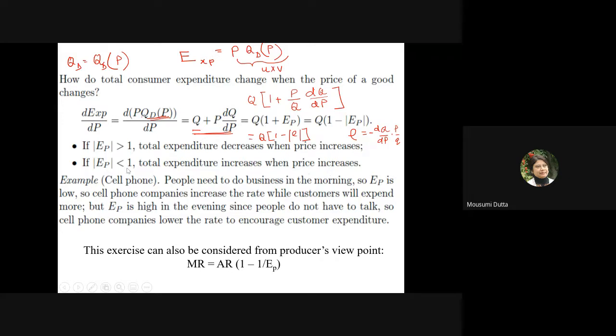On the other hand, if demand is price elastic, expenditure decreases when price increases.